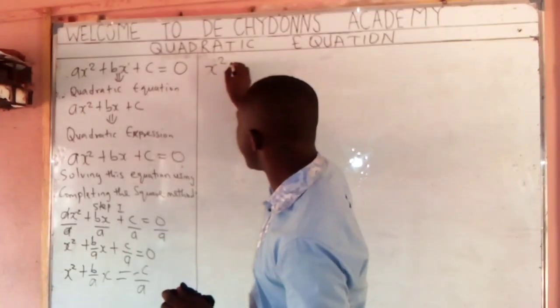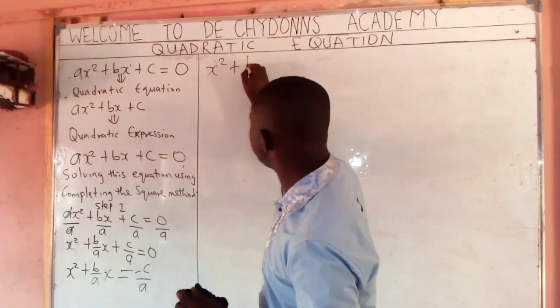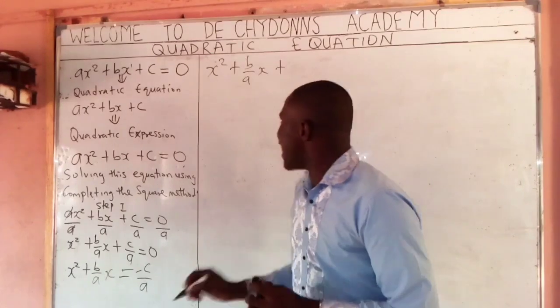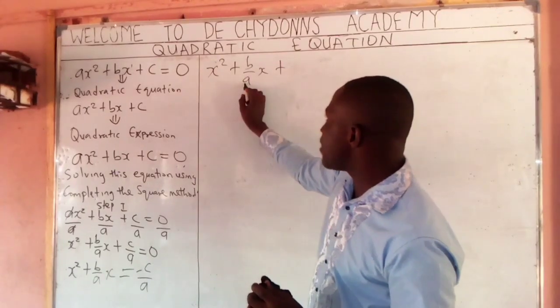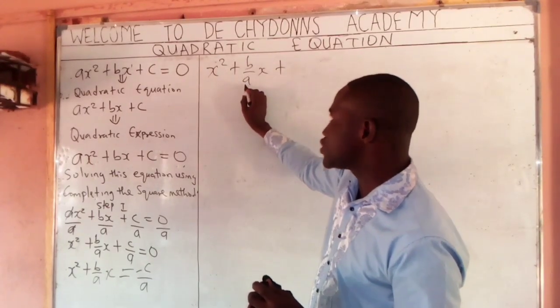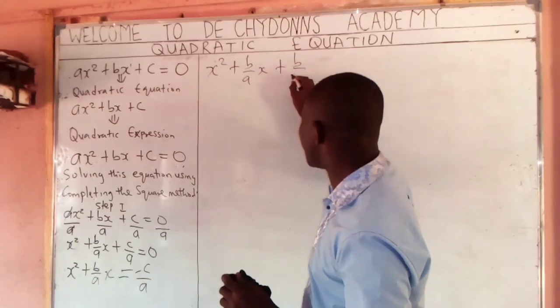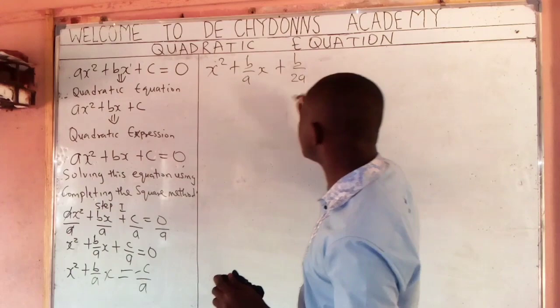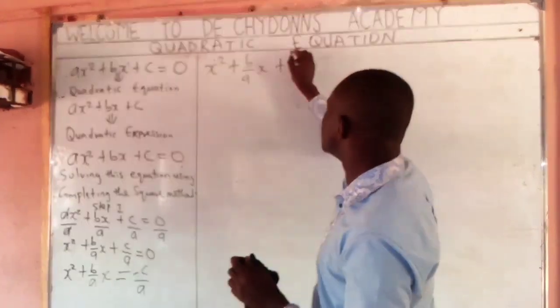Write x squared plus b over a x plus, then use 2 to multiply the denominator, and we have b over 2a. You write b over 2a. Once you have used 2 to multiply the denominator, square it.